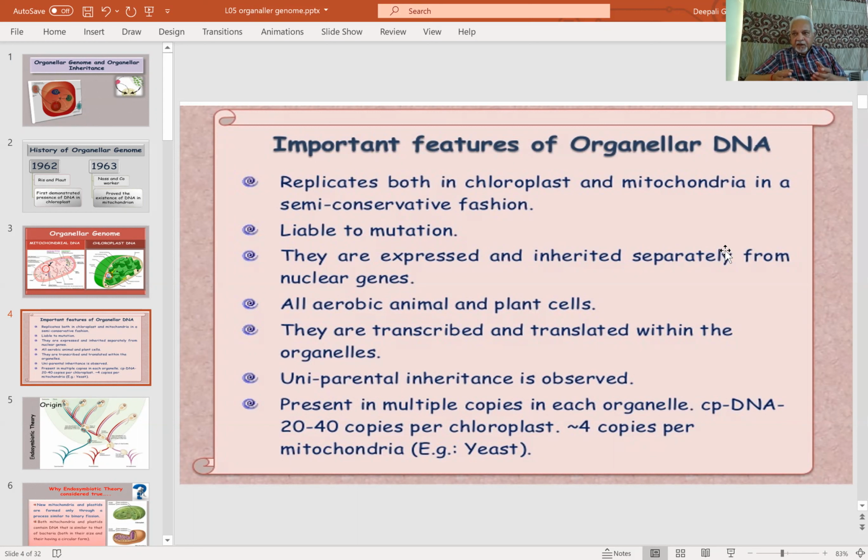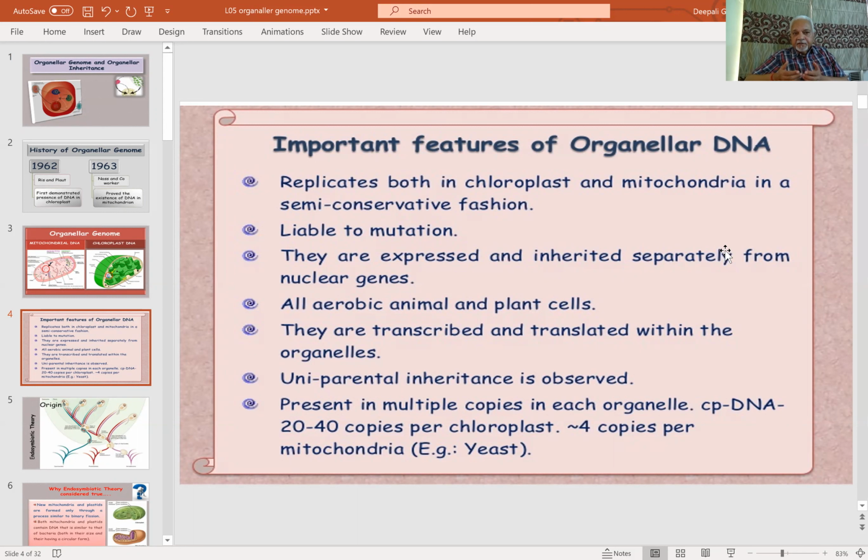Okay, and both mitochondrial and chloroplast DNA show uniparental inheritance. This is different from nuclear DNA, which shows biparental inheritance.